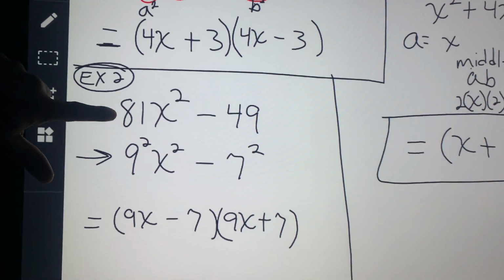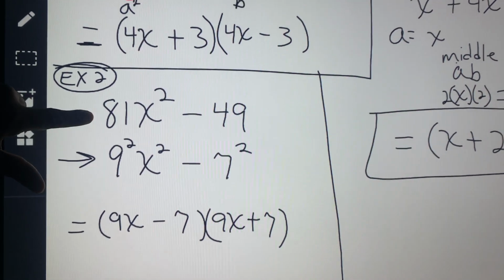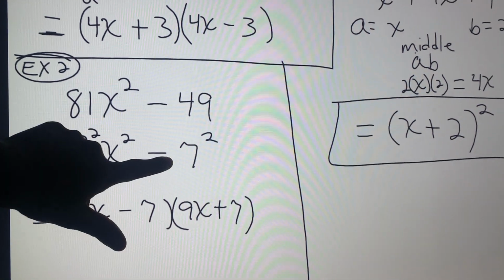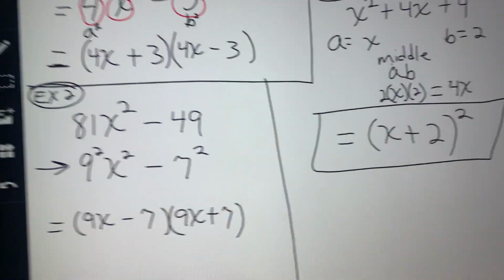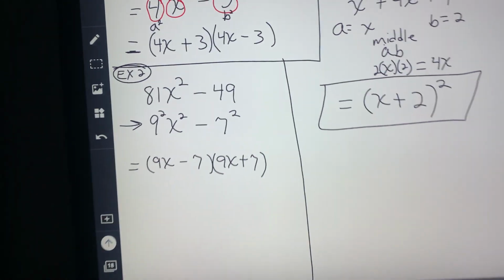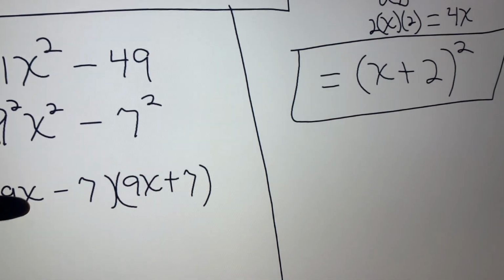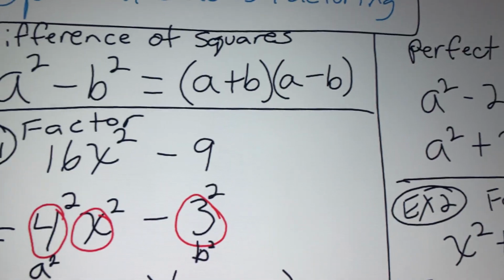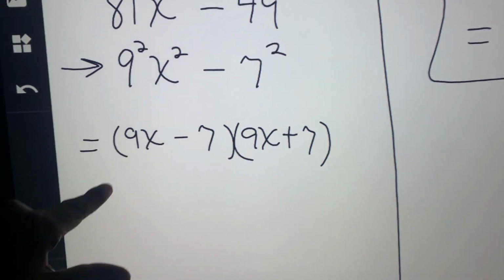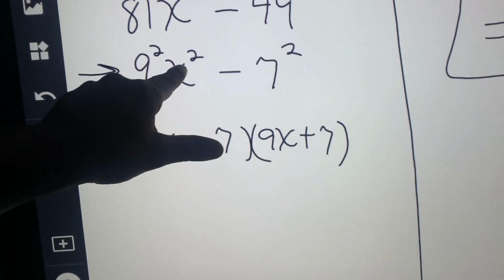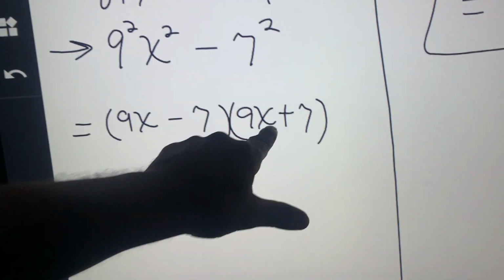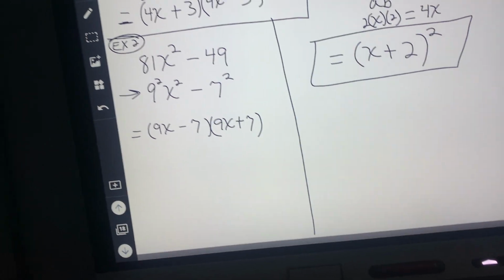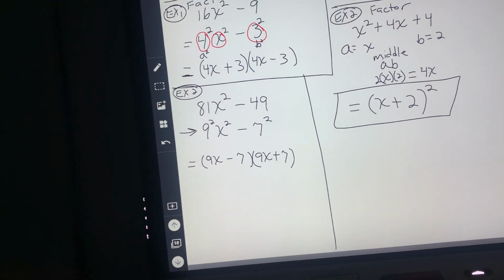The square root of 81 is 9, or in other words, 9 squared is 81. 7 squared is 49. So we can take that as A and plug it into the formula, which is 9, and then x squared we know is x times x. So 9x minus 7 and 9x plus 7.